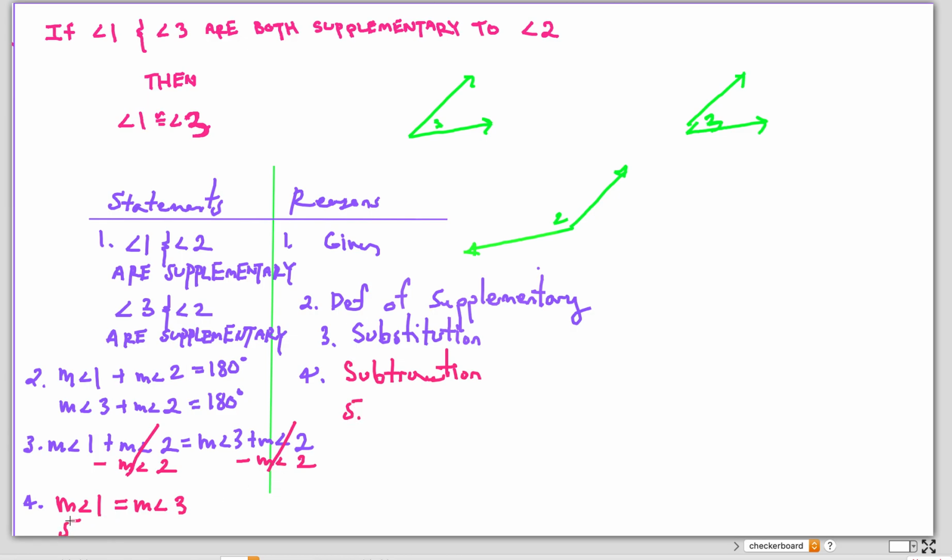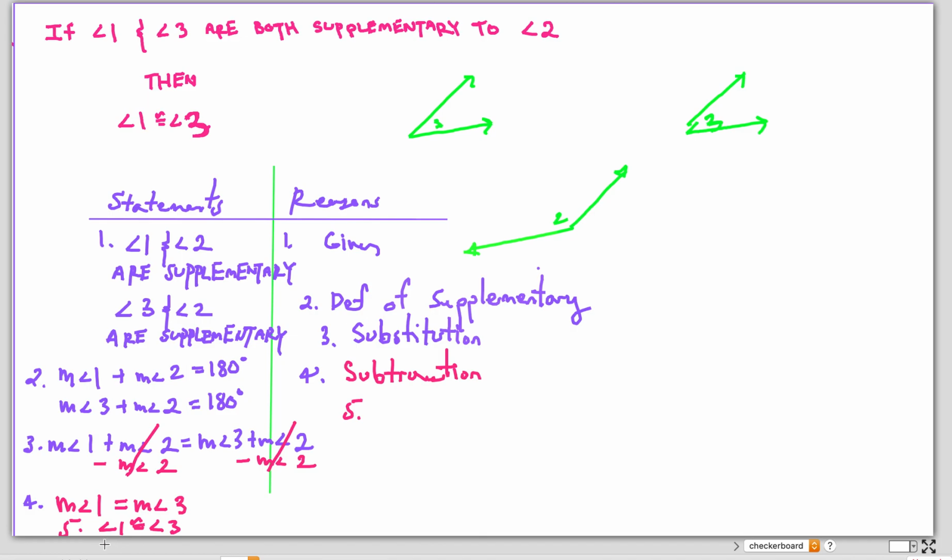And you could just write subtraction 5. The last statement we must not forget: if the measures of two angles are equal, then the two angles are congruent.